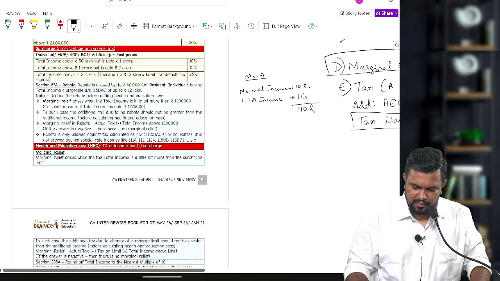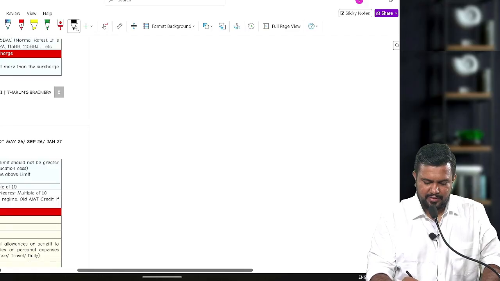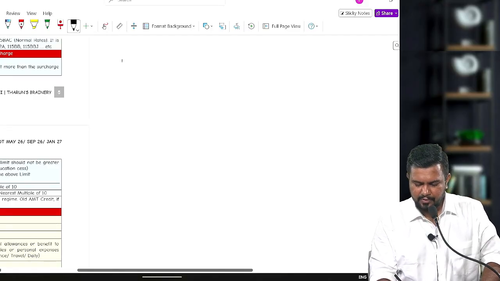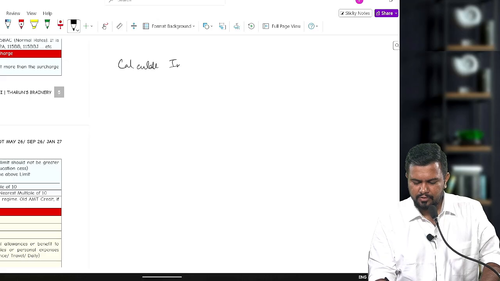Let us now calculate the tax quickly. So now quickly in your notebook, you find out income tax.